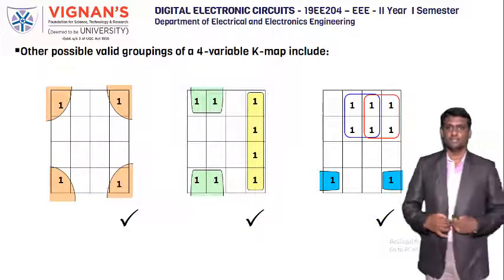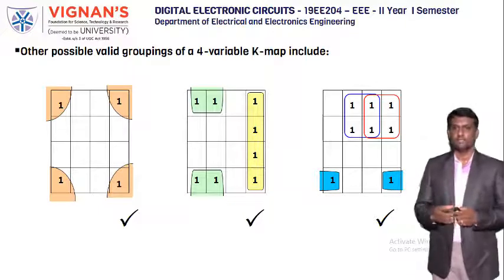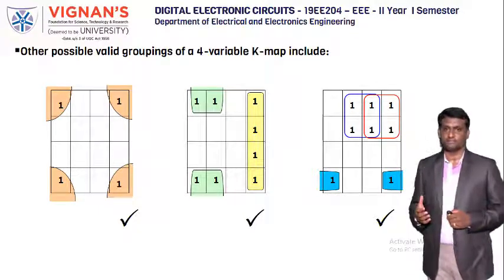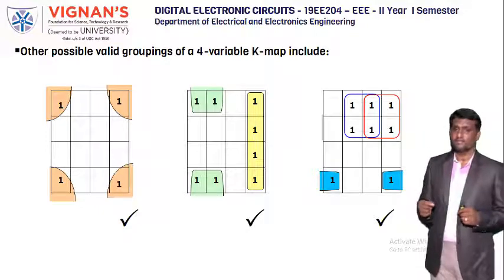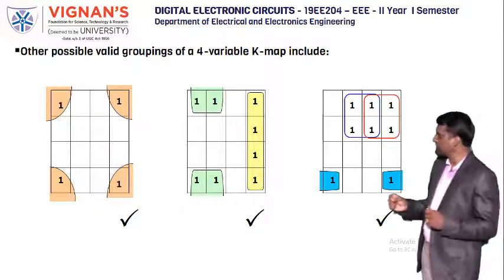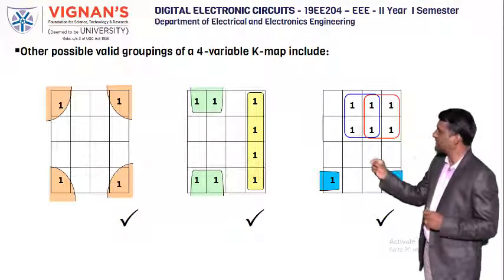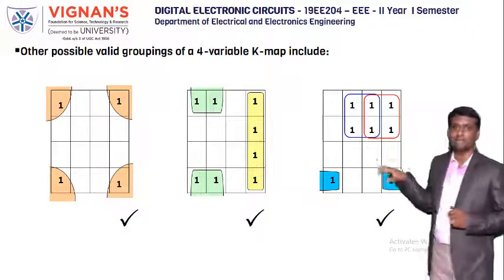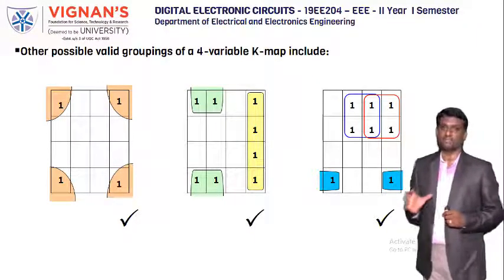So this is another possibility of grouping of the 4 variable K-map. The first one consists of grouping of 4 ones. Those 4 cells having ones are present in the corners of the 4 variable K-map.